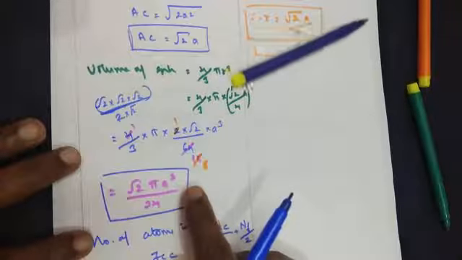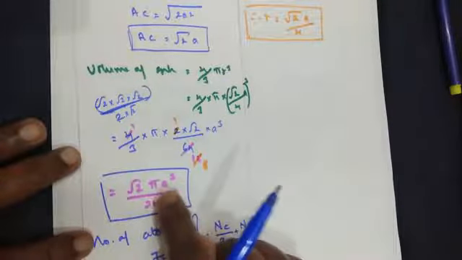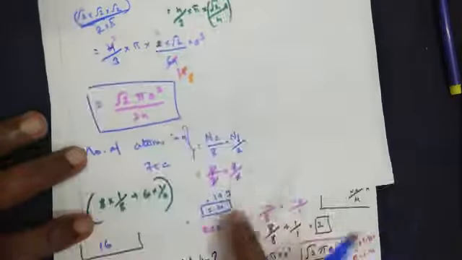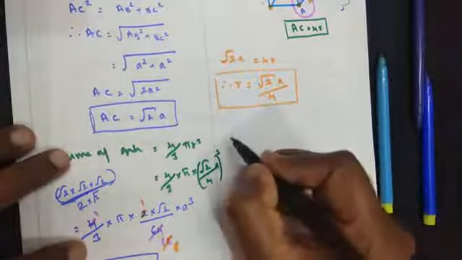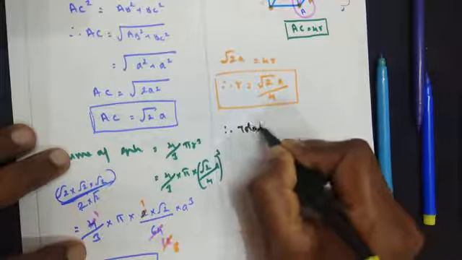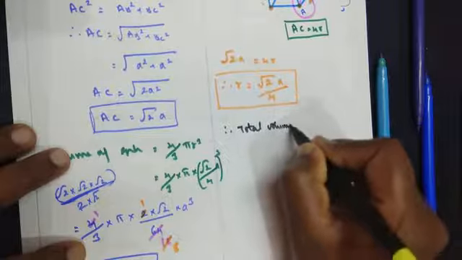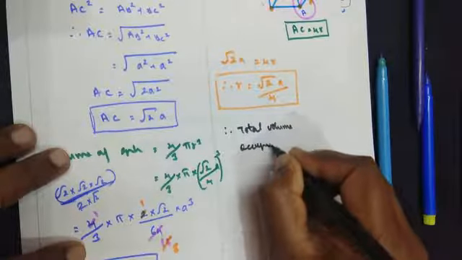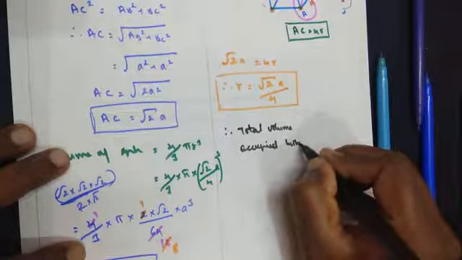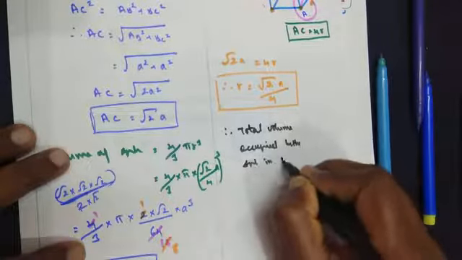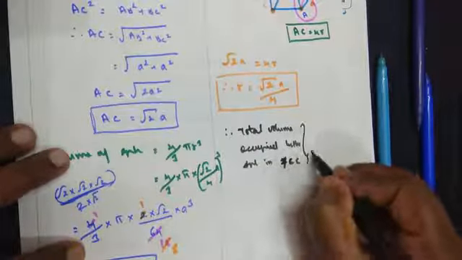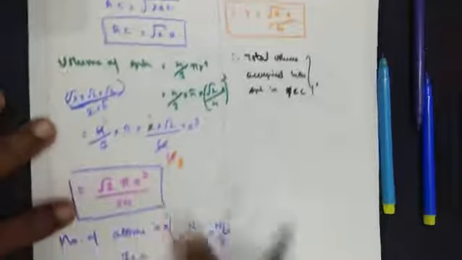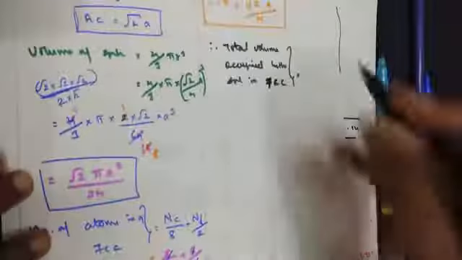So the volume of one sphere is root 2 into pi A cube by 24. So multiply it with 4 for the total volume. Therefore, total volume occupied by the spheres in a FCC, face centered cubic, is equal to whatever answer we've got, multiplied with the number of atoms in an FCC unit cell.